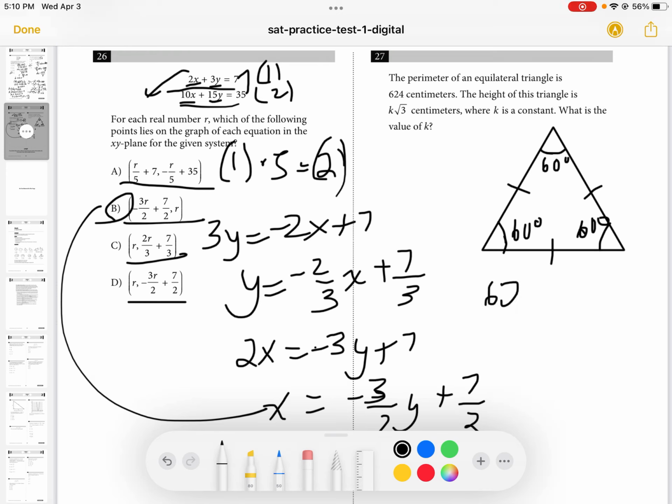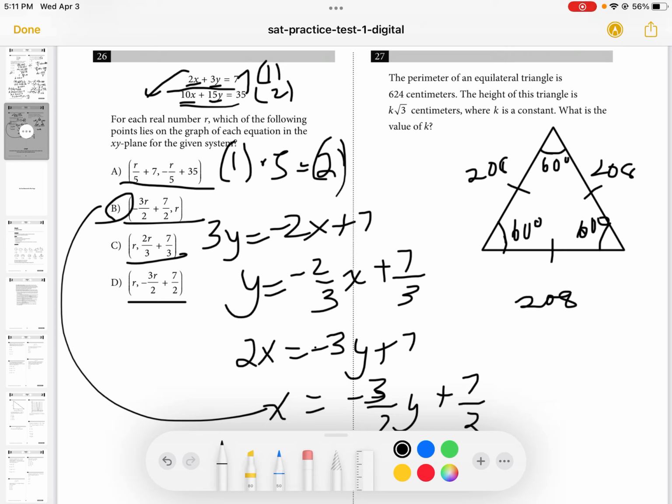So each side length will be 624 over 3, which is 208. So that's 208, that's 208, and that's 208. The height of this triangle is k root 3 centimeters, where k is a constant.